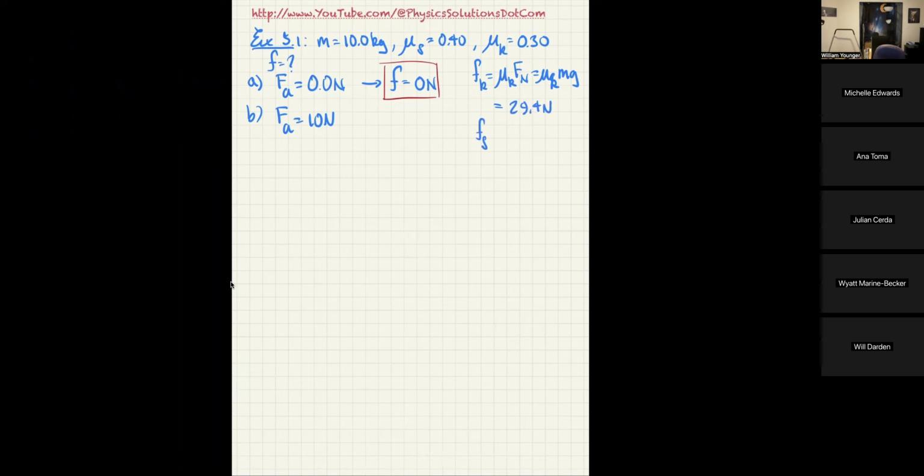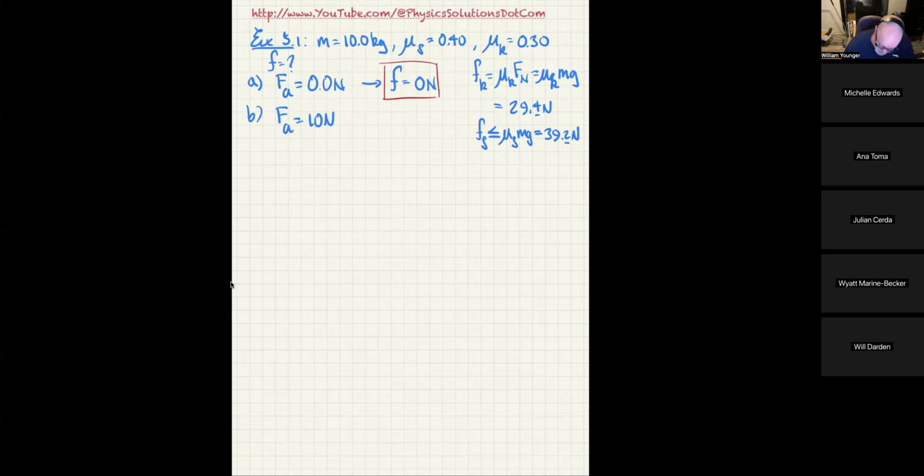Similarly, the static friction force is less than or equal to mu static times m times g, which in this case is going to be 0.4 times 10 times 9.8, and in that case we get 39.2. Okay, now we did have 2 sig figs with the mu, so we only have 2 sig figs. So that means this kinetic friction is 29 newtons roughly, and the static friction is 39 newtons roughly.